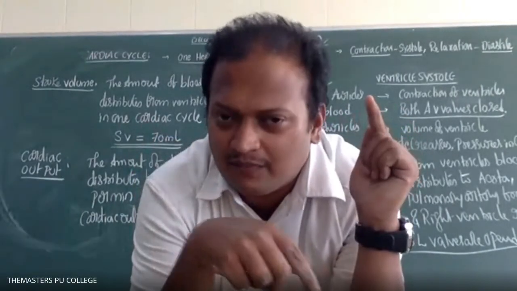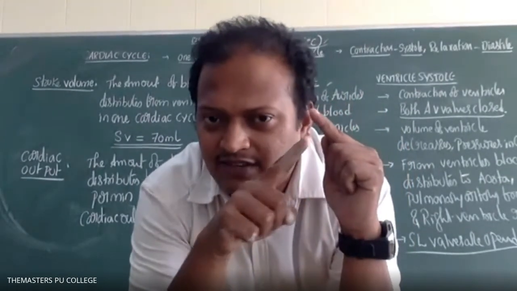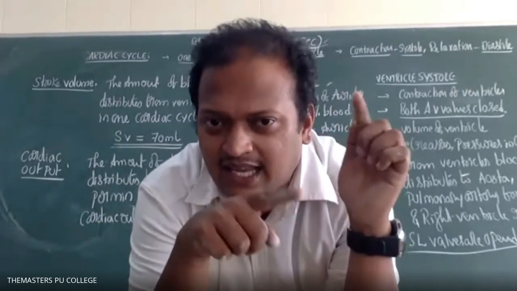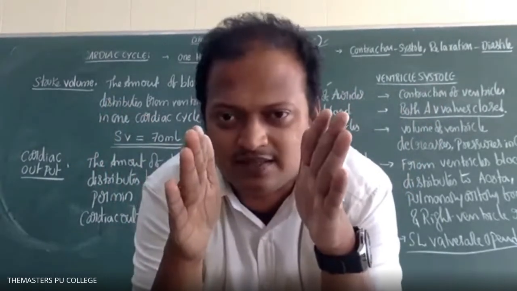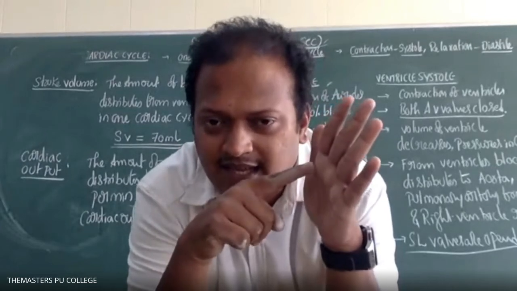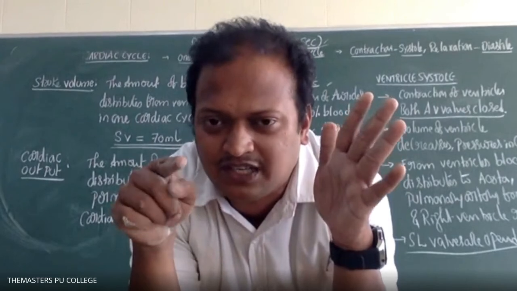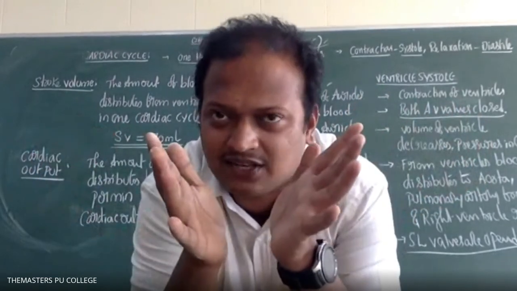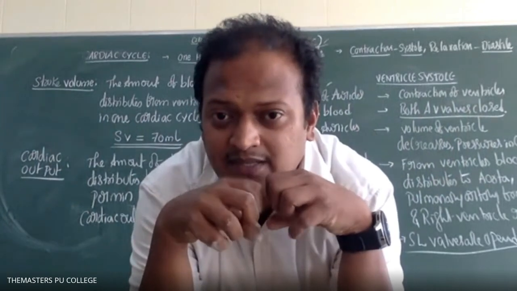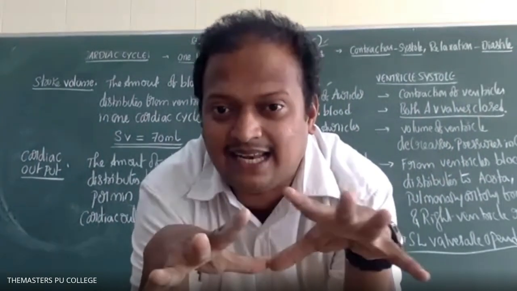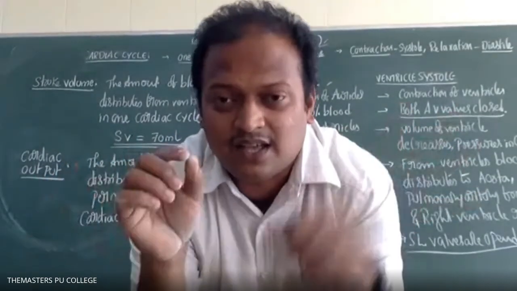First, from the SAN, action potential is generated. It is received by the AVN. When the action potential passes from SAN to AVN, contraction of the auricles takes place. Next, when the action potential passes from AVN to the AV bundle and Purkinje fibers, complete ventricular contraction takes place. In the Purkinje fibers, the action potentials degenerate, then relaxation takes place.